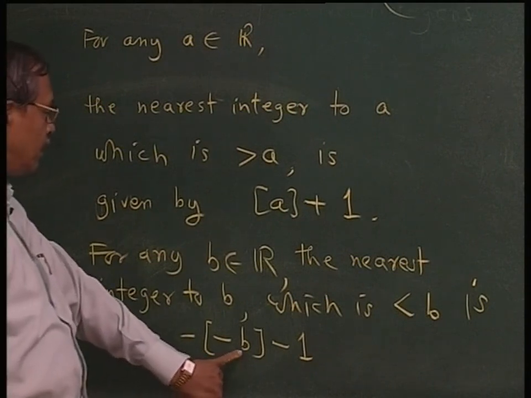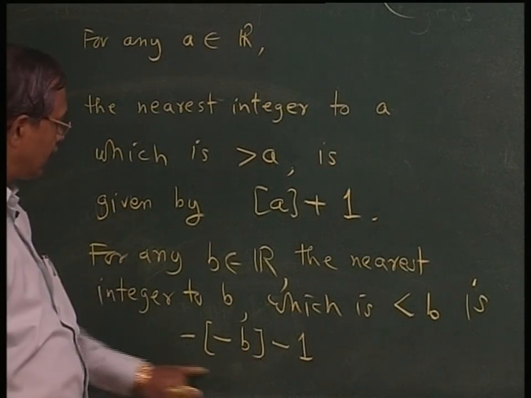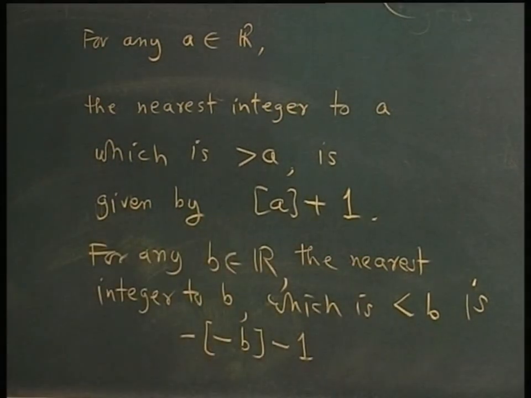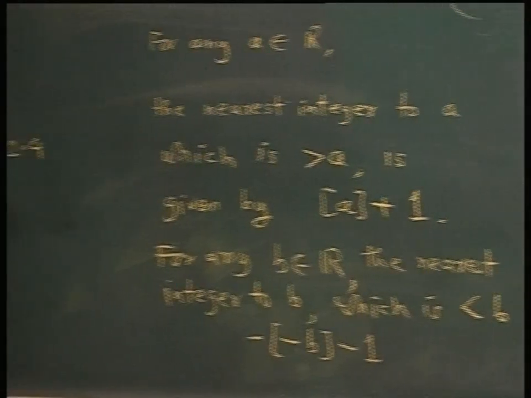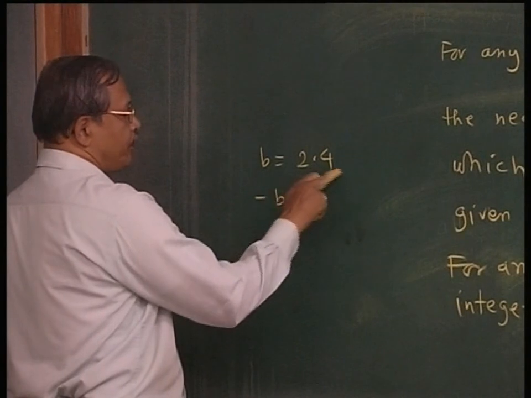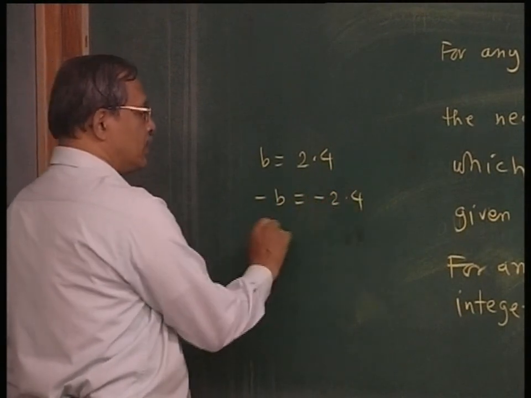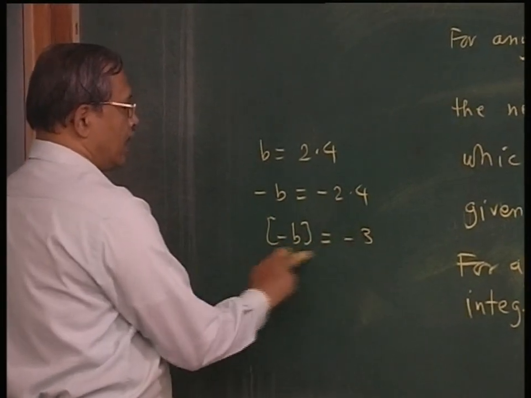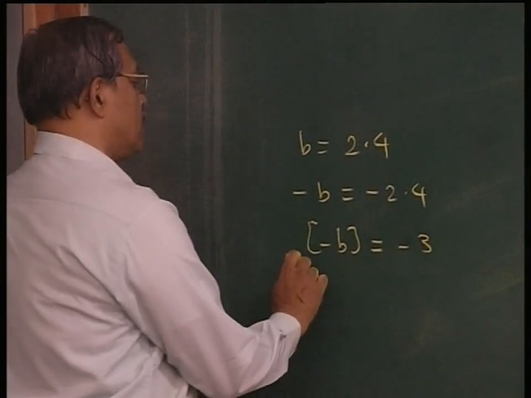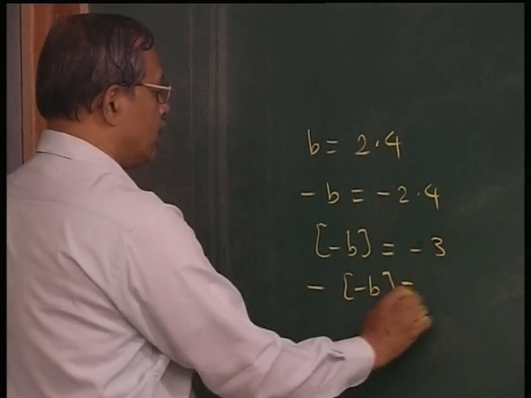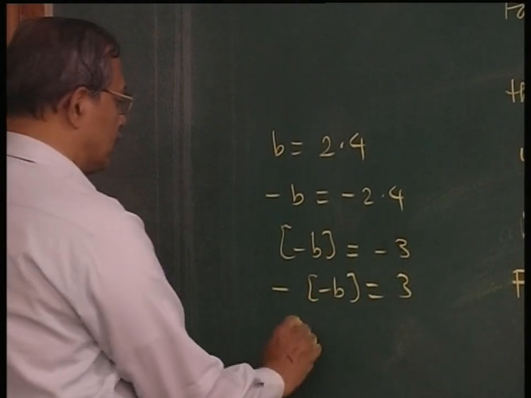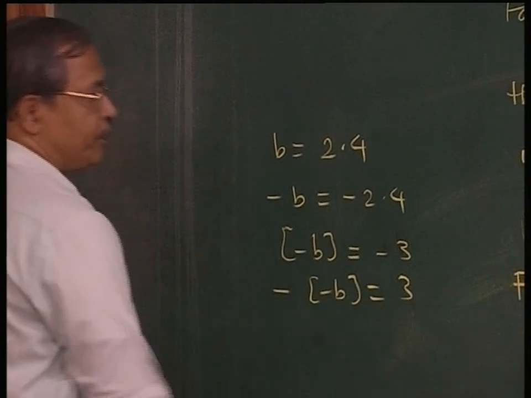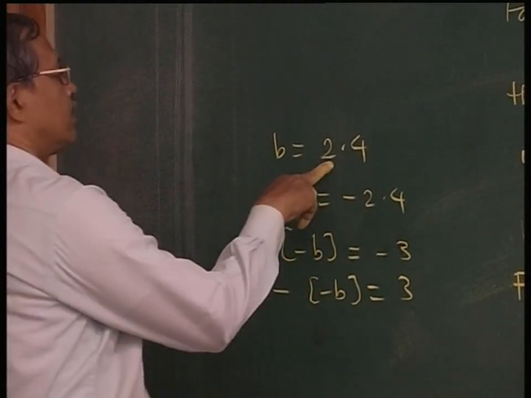So take an example that if b is an integer, then this quantity will be just b minus 1, that is what we want. Whereas if b is like 2.4, minus b is minus 2.4, its integral part is minus 3, and just take minus of this which is 3 and subtract 1. So that becomes just 2, and so that is the number to the left of it.